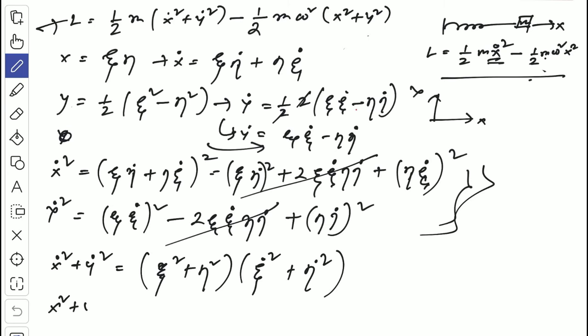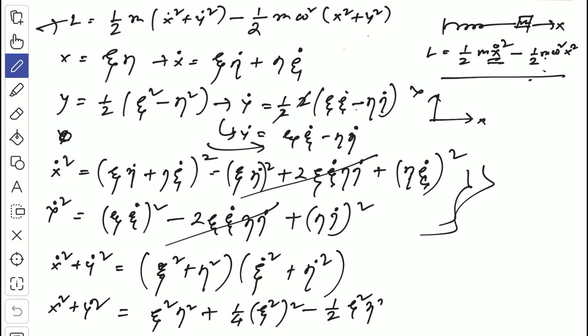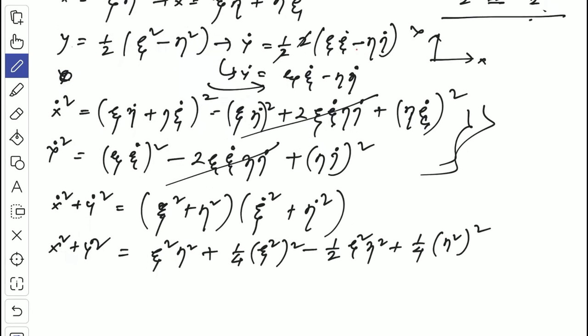Similarly we can find x square plus y square. If you put the values of x and y and square, after simplification you will get xi square eta square plus 1 by 4 xi square whole square minus 1 by 2 xi square eta square plus 1 by 4 eta square whole square.